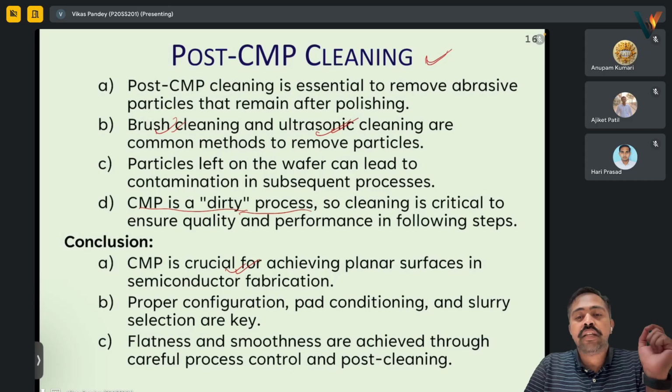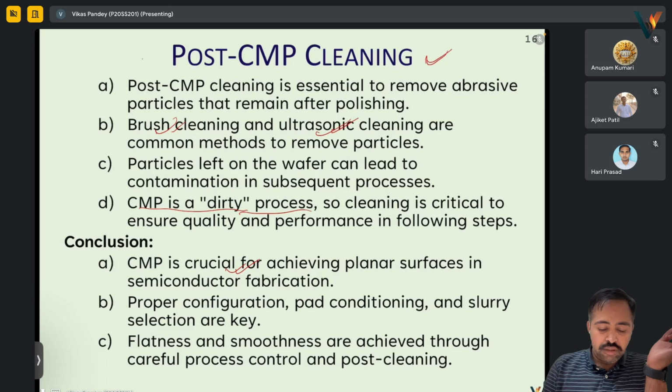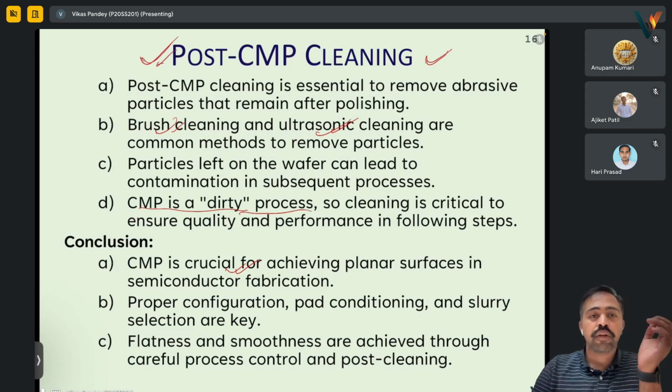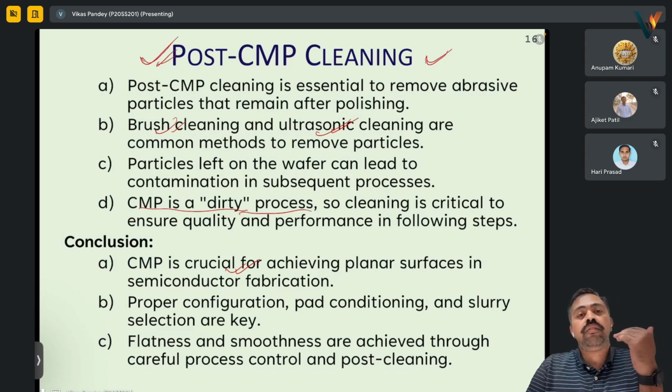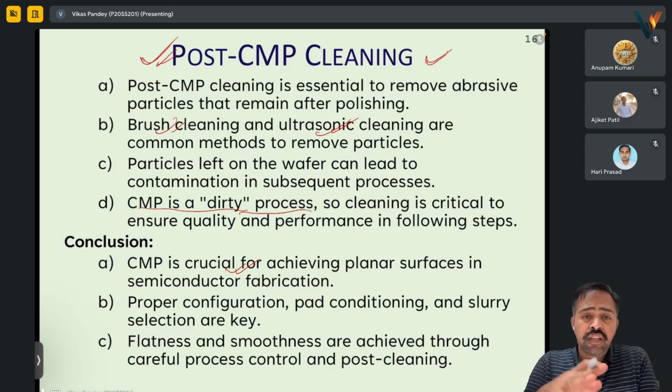And flatness and smoothness are achieved through carefully controlling the process and post cleaning. This is a very important part because we went for CMP so that we can achieve better throughput. But what if this process itself contaminates our wafer? So post-CMP cleaning is a crucial part in this whole process.